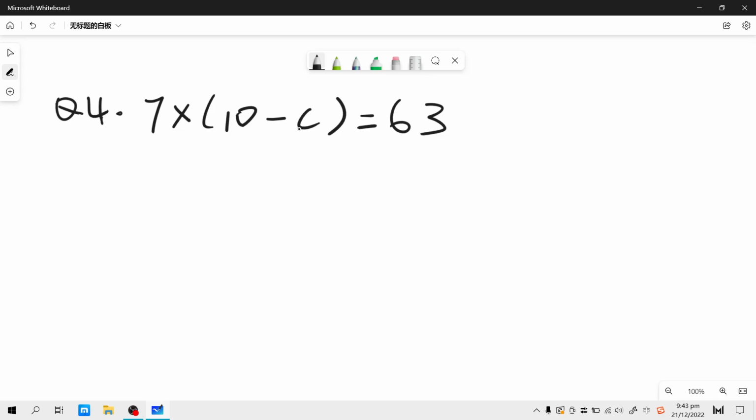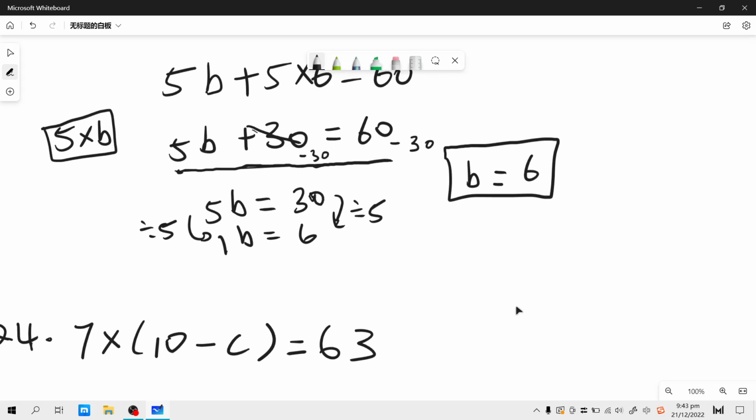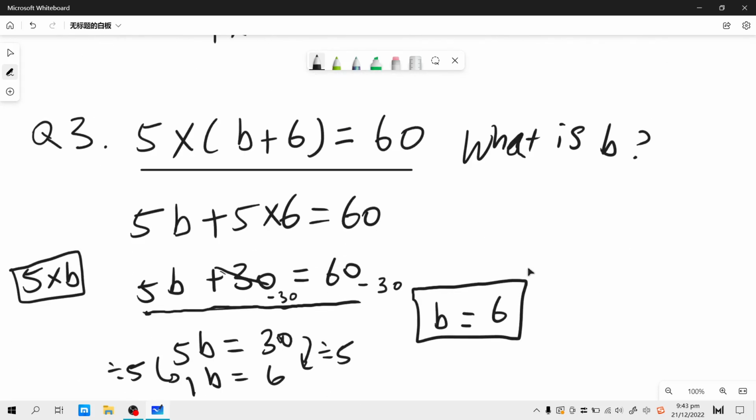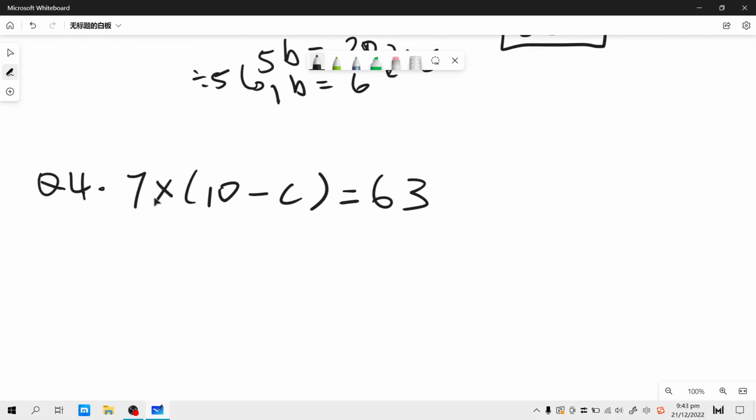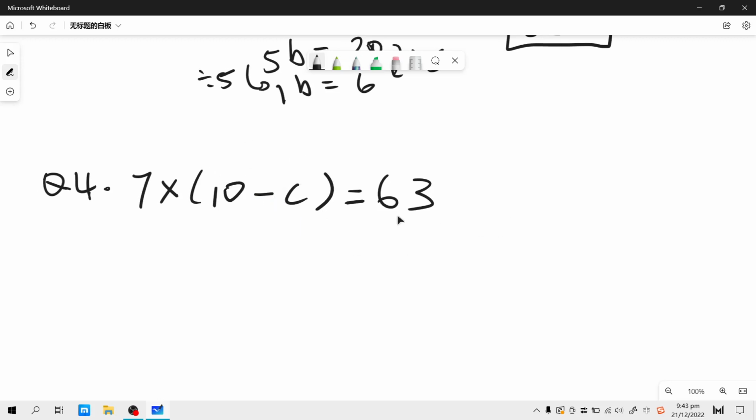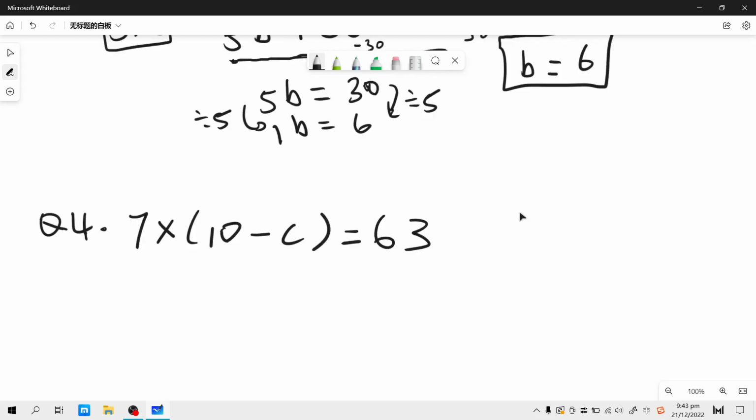This question is similar to the question on top, as I said just now. That was 5 times bracket b plus 6, but this is 7 times 10 minus c equals 63.